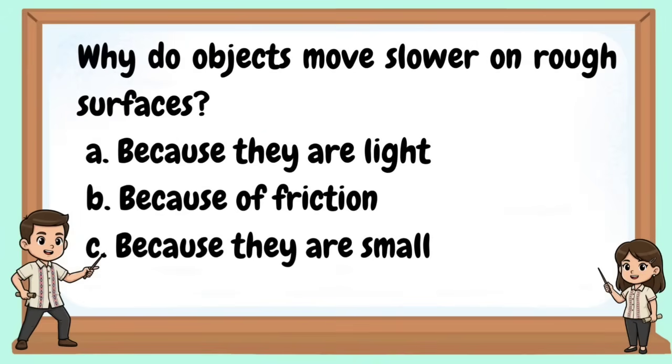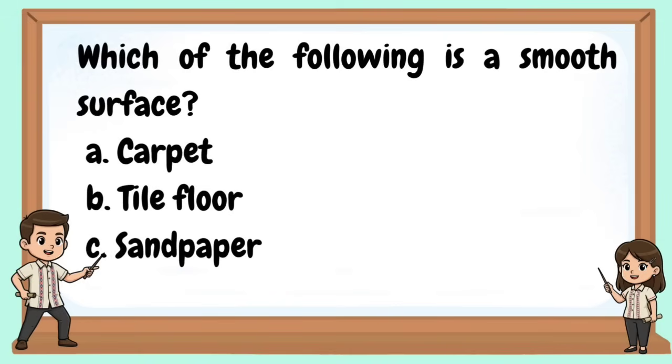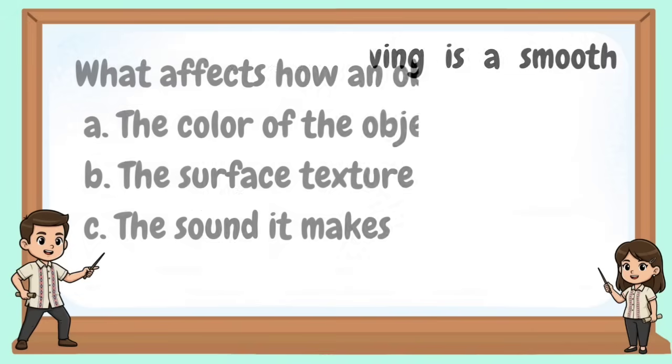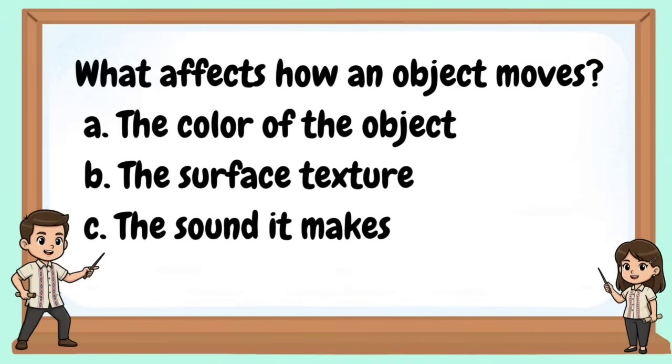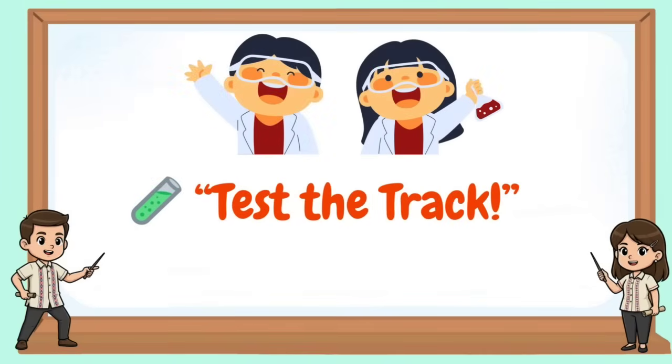Why do objects move slower on rough surfaces? Which of the following is a smooth surface? What affects how an object moves? Test the track.